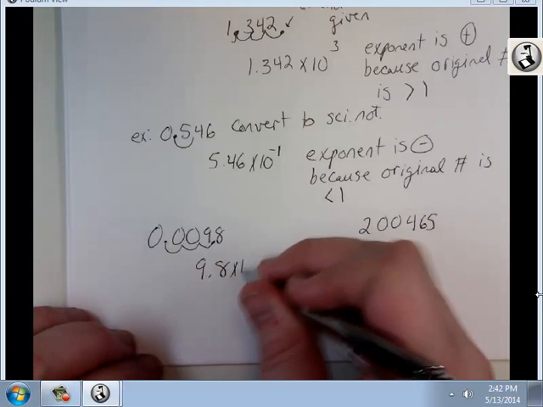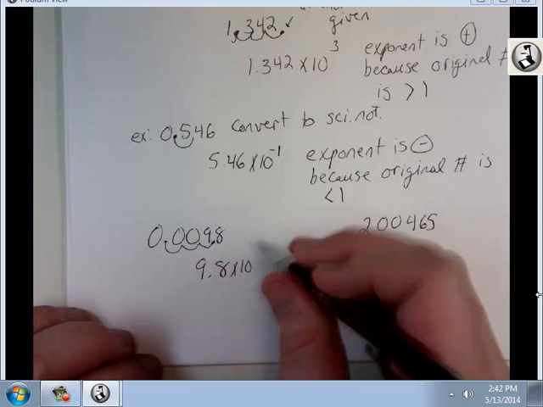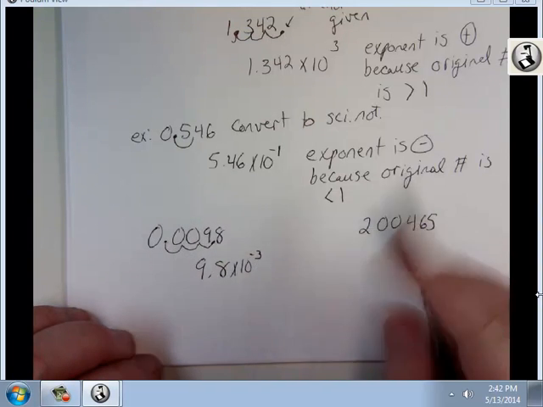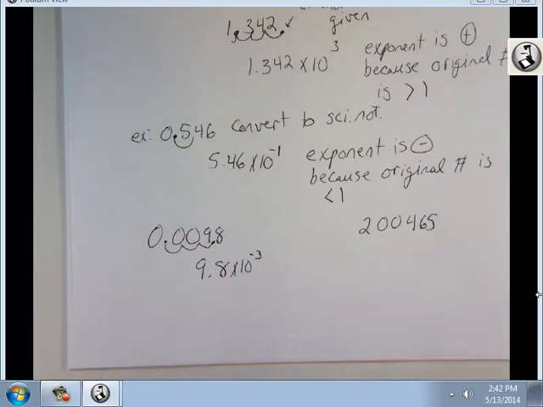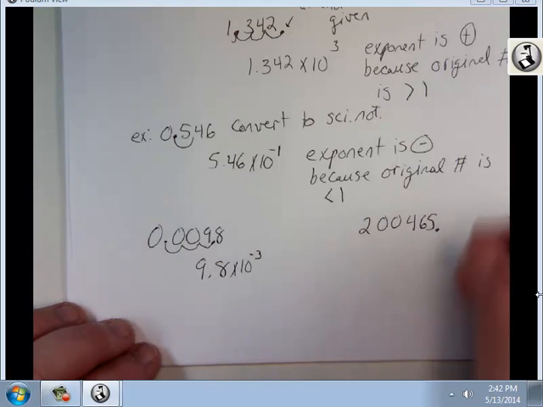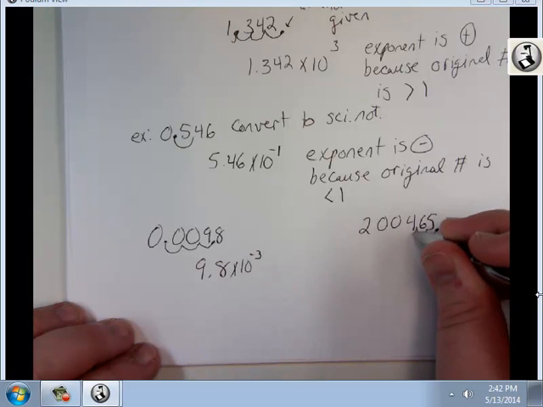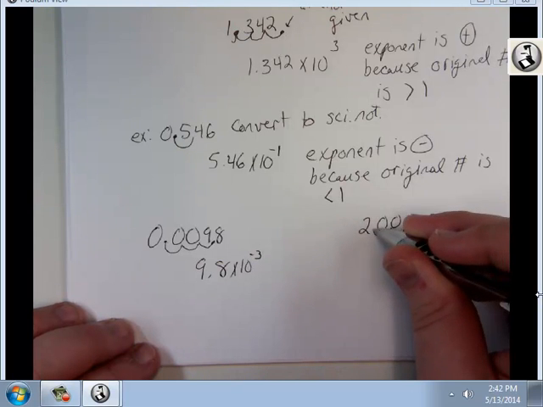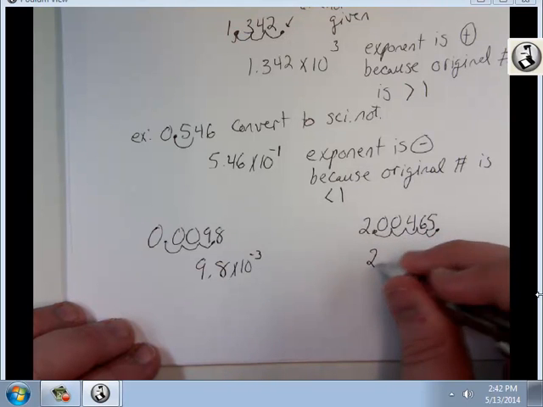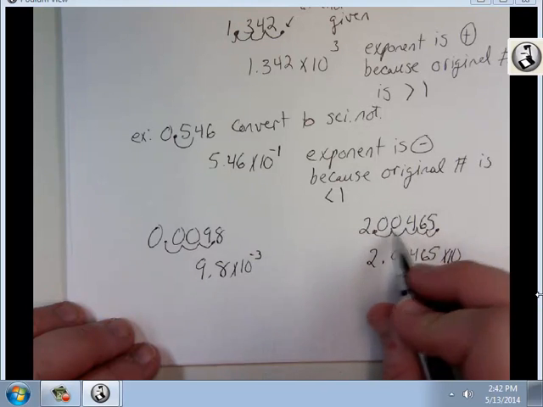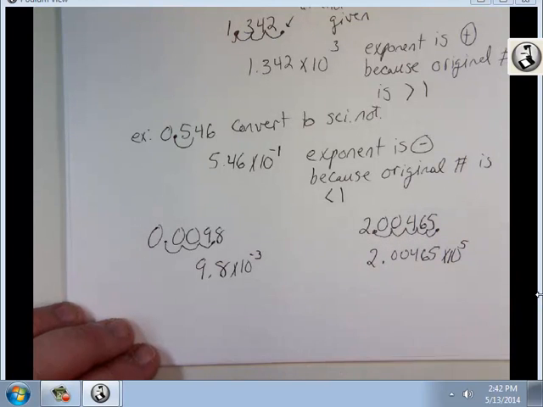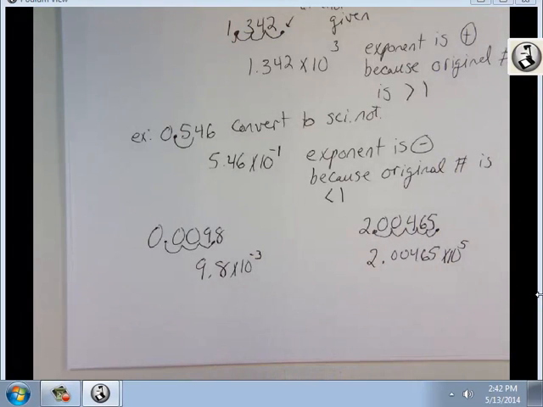I moved it 1, 2, 3 times, and it's negative because my original number is less than 1. Now for this one, no decimal, so I'm going to throw it there. I'm going to keep moving it. 1, 2, 3, 4, 5. 2.00465 times 10. I moved it 1, 2, 3, 4, 5 times, and this one's positive because my number originally is greater than 1.